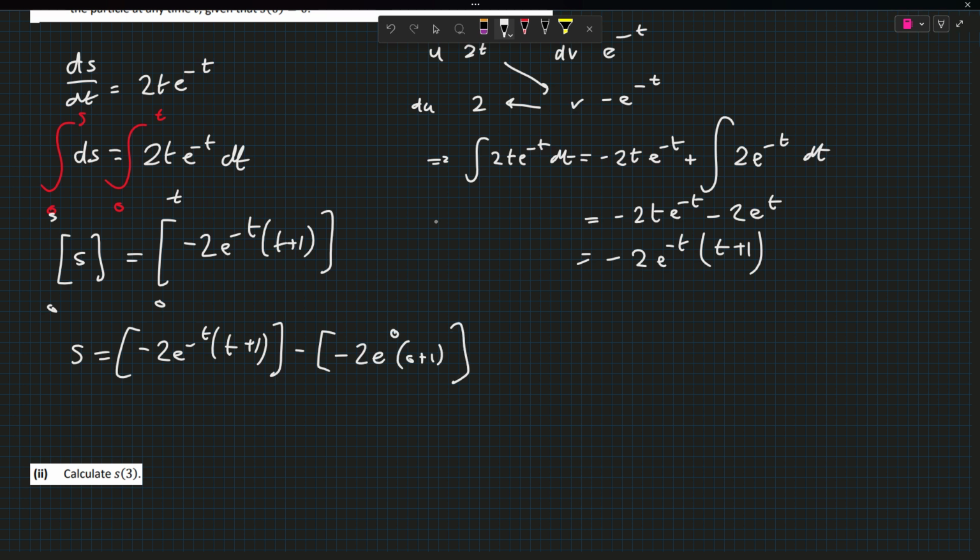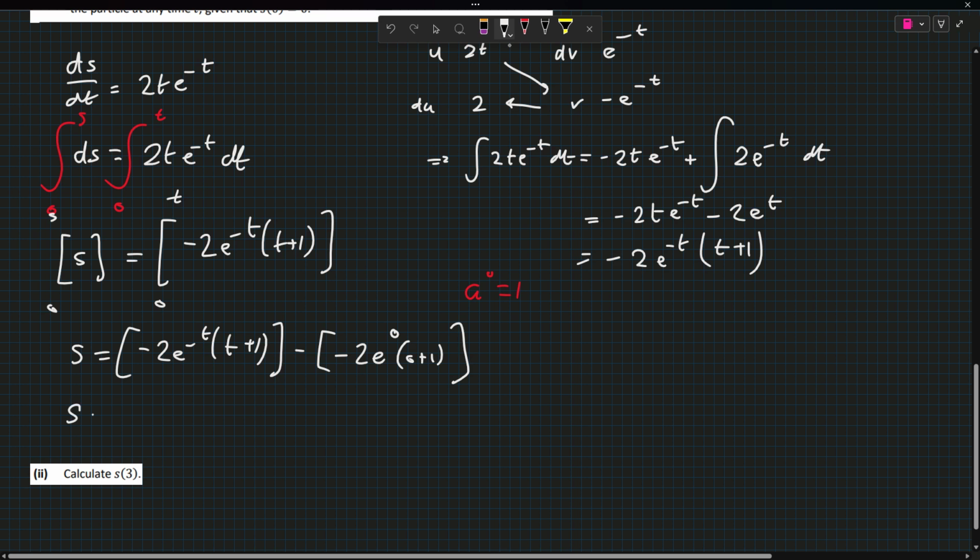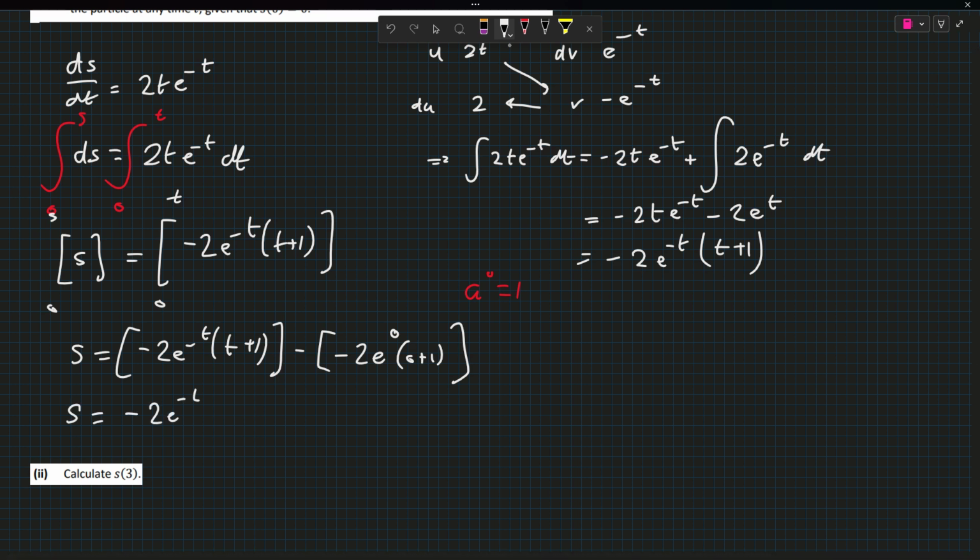Now anything to the power of 0 is 1. So because this is a minus, this is going to be minus 2. However, it's minus minus, so it's going to be plus 2. So we end up with s is minus 2e to the minus t times t plus 1, plus 2. And that is our general expression for the displacement of the body.